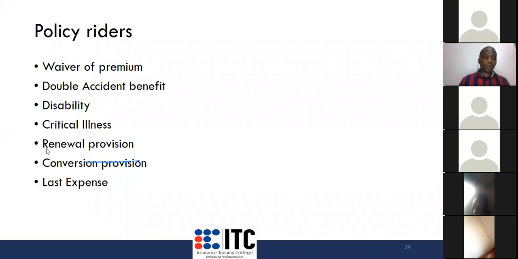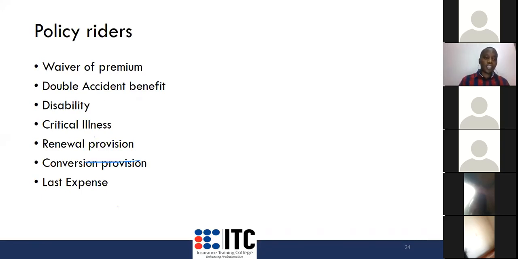Yeah. So the renewal provision is just basically recognizing that you want to have this policy for 10 years, and have a payout coming out, but at the same time you want it to continue and run for another 10 years or 5 years.